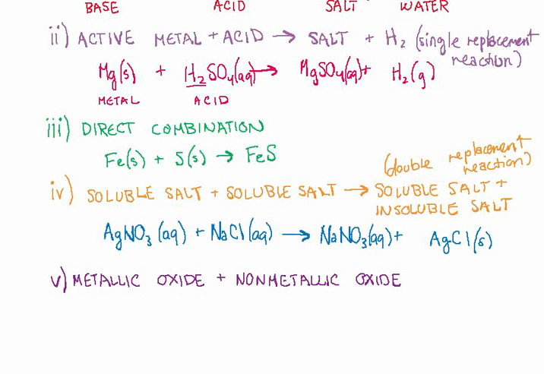Just for your reference, as an example, if I took some magnesium oxide in its solid metallic state, and I took some SiO2, also in its solid state, so again an oxide but not a metallic one, silicon in this case, what I would get is a combination, all three of these getting smacked together to form a solid salt compound.